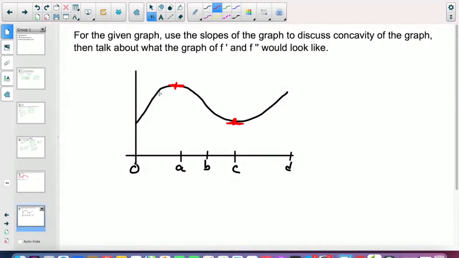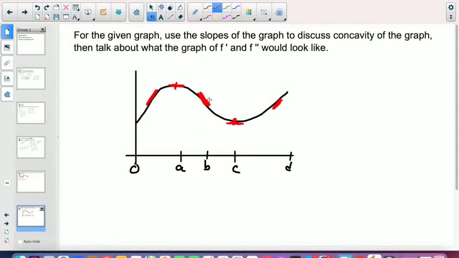Looks like to the left of A, our slope is positive. Between A and C, the slope of our tangent lines is going to be in a negative direction. To the right of C, the slope of our tangent line is going to be in the positive direction. So let's talk about what that means.